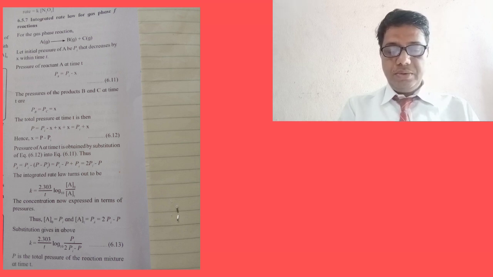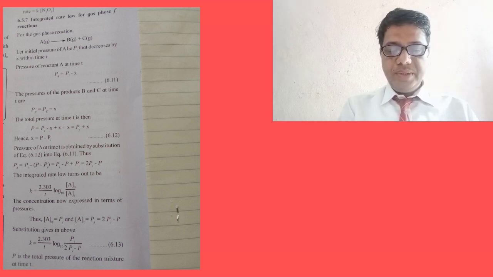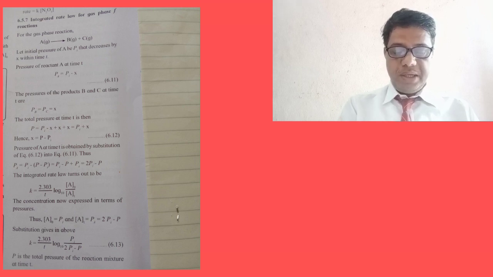Thus A0 is equal to Pi, the initial concentration of reactant, and the concentration of reactant at time t is Pa, which is equal to twice Pi minus P. Substituting this value in the above integrated rate law, we obtain K is equal to 2.303 upon T log to the base 10 Pi upon 2Pi minus P. This is equation 6.3, where P is the total pressure of the reaction mixture at time T.